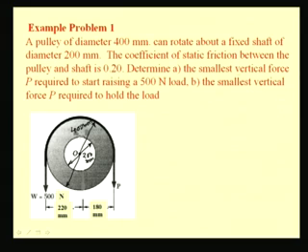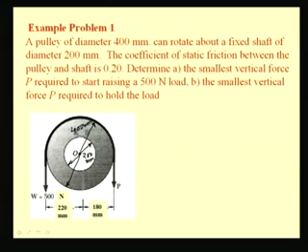We are interested to find the smallest vertical force that will be required to raise this load, and secondly we are interested in finding the smallest vertical force P that will be required to hold the load. That means, if we leave this, the weight will fall. So, we need to keep some resisting force P so that this load does not drop.